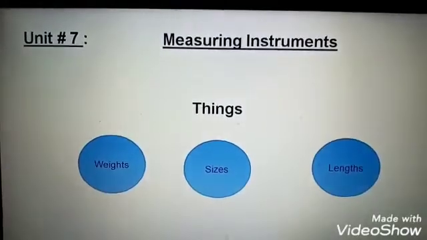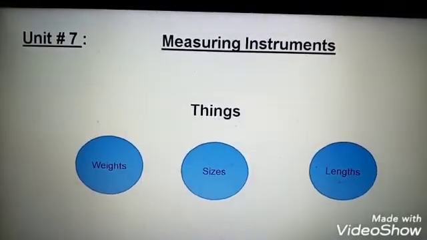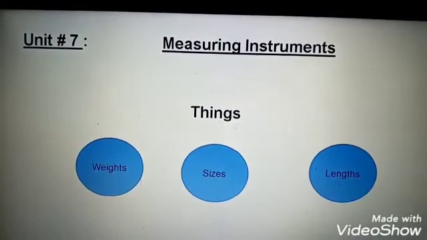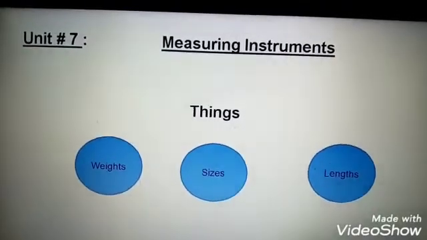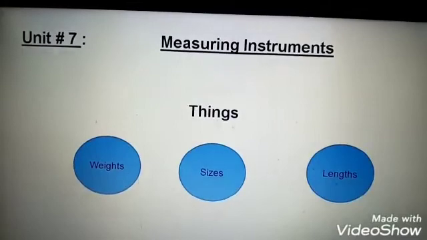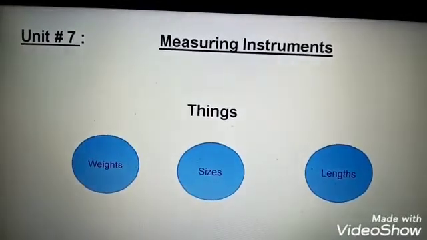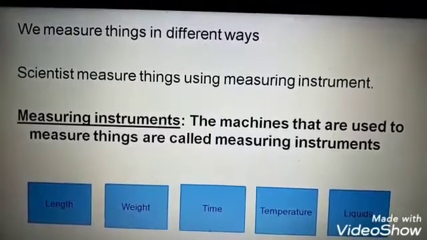A lot of things are around us. Things are of different sizes, weight and length. The world is full of things, and all the things having weight are of different sizes and of different length. We measure things in different ways.